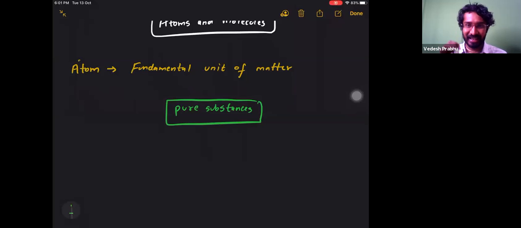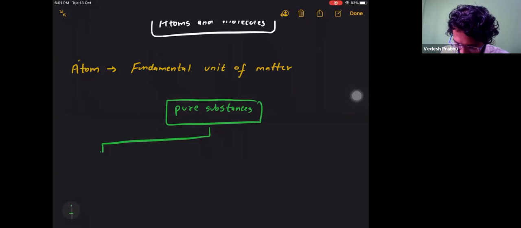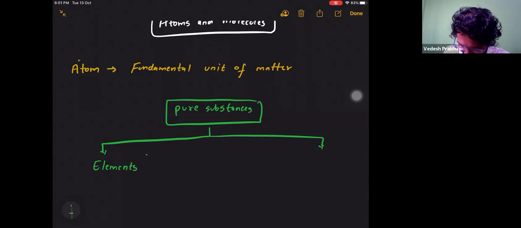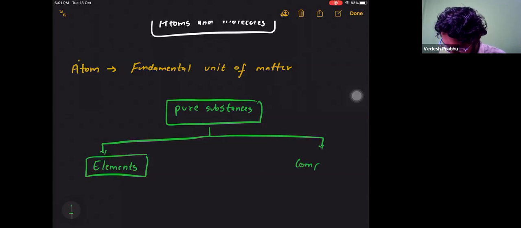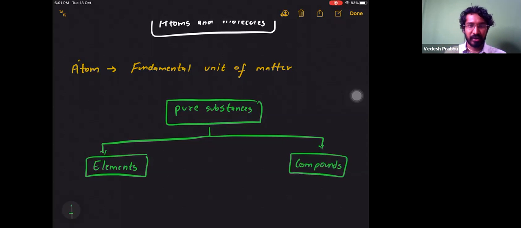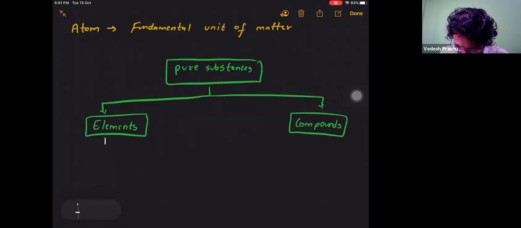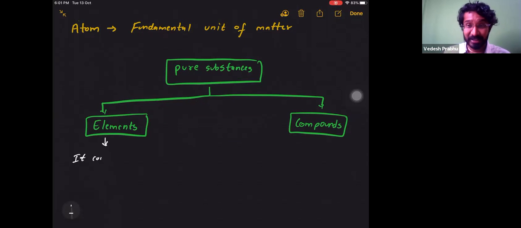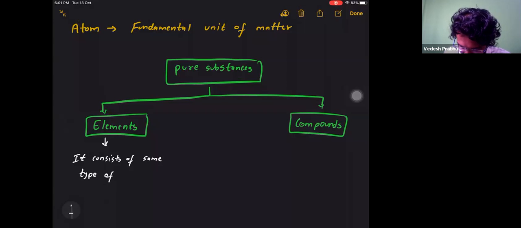We will see in detail about these pure substances, which you can classify into two categories: elements and compounds. And if you remember, I had told you that an element consists of the same type of atoms.